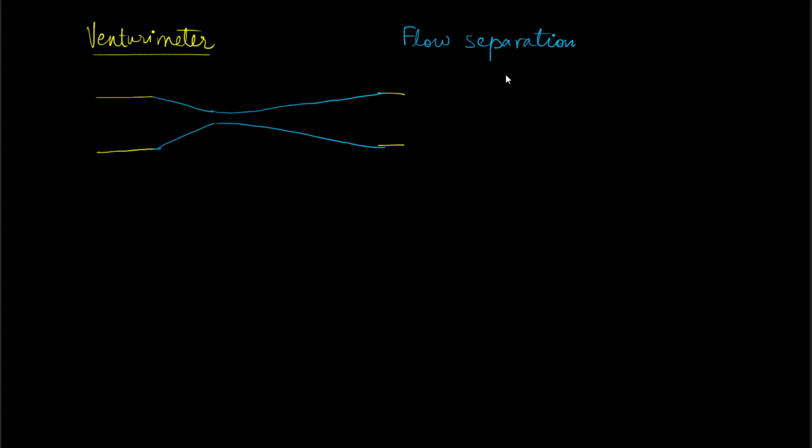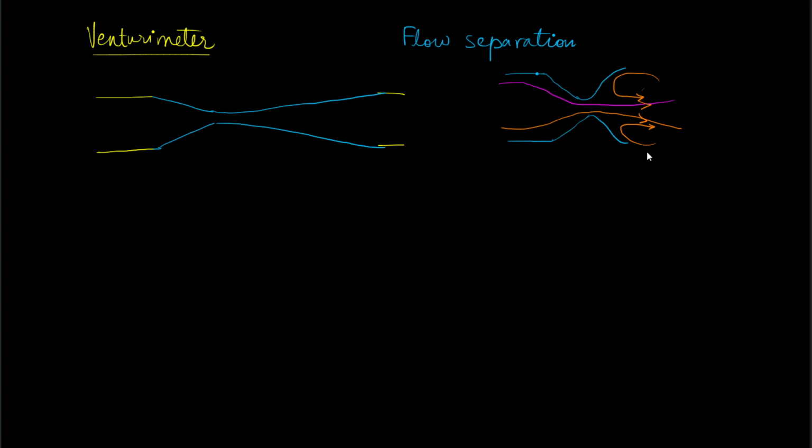If there is flow separation, meaning the incoming section is something like this and the outgoing section is also something like that, then a streamline will try to be concentrated in this region rather than spreading out into the other region. And if there is a net flow in this direction, there will be a circulation zone like this.